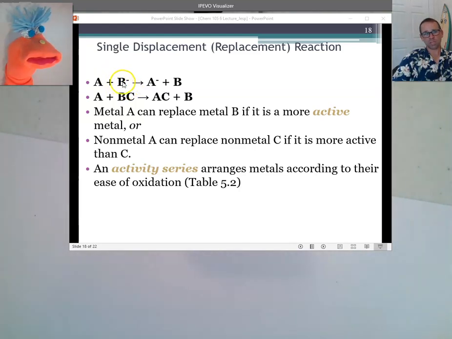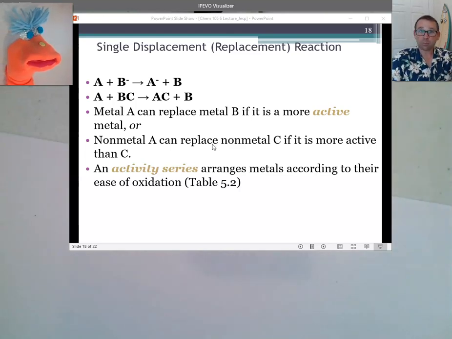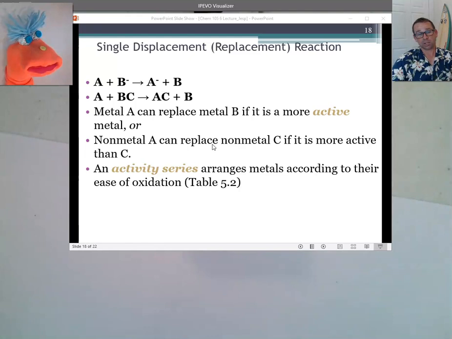We say that B is more active because it wants to get rid of that electron more than A does. A wants to hold on to the electron, and that's why B let go of it. So we have what's called an activity series, which we'll look at, which tells us which elements are more active than others. And from that, we can predict whether chemical reactions will occur.